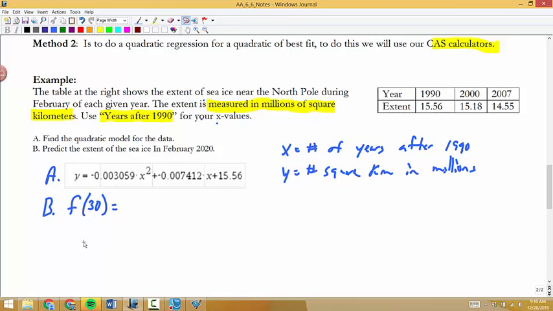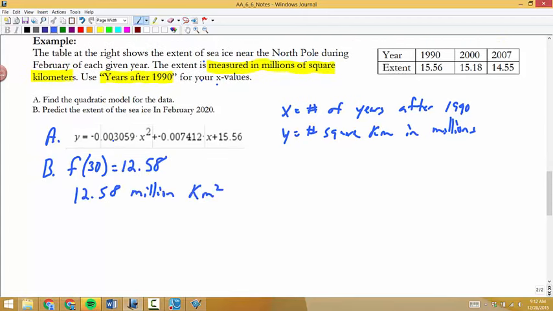You want to stop the video at this point, plug in 30 and see what you get for the value of your function at that point. When you do that, you should come up with approximately 12.58, which means that the answer to part B would be 12.58 million square kilometers. Please don't forget to put million there because that's what y represents.